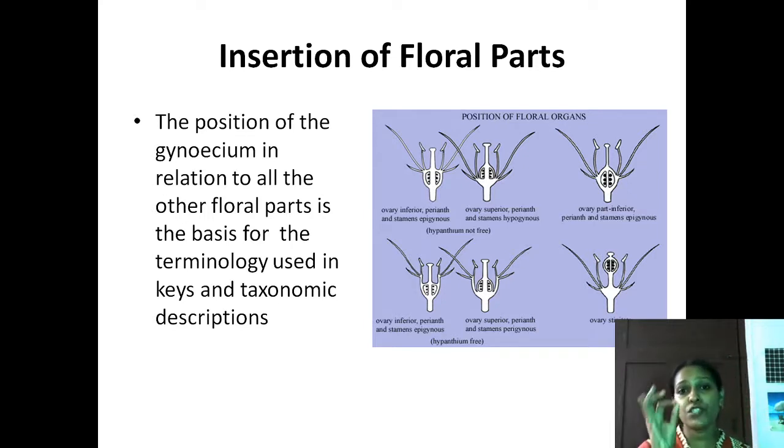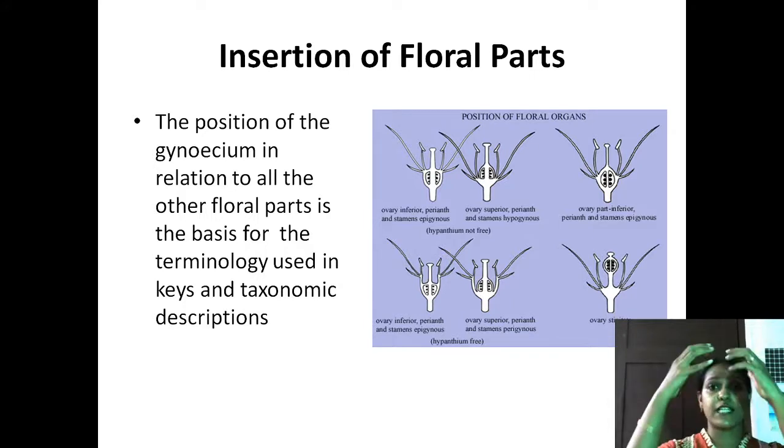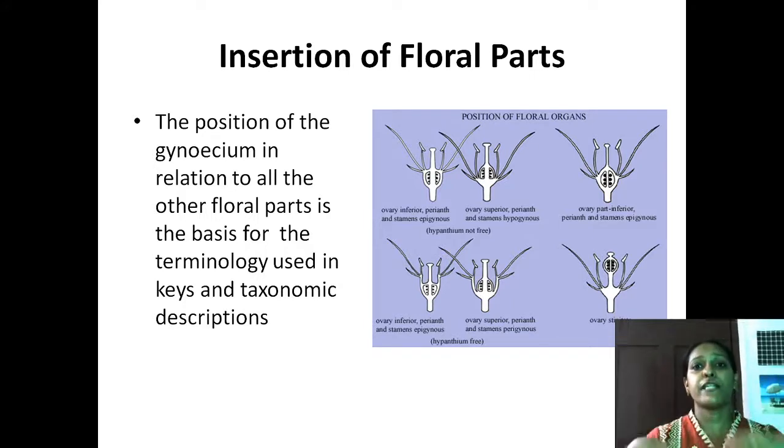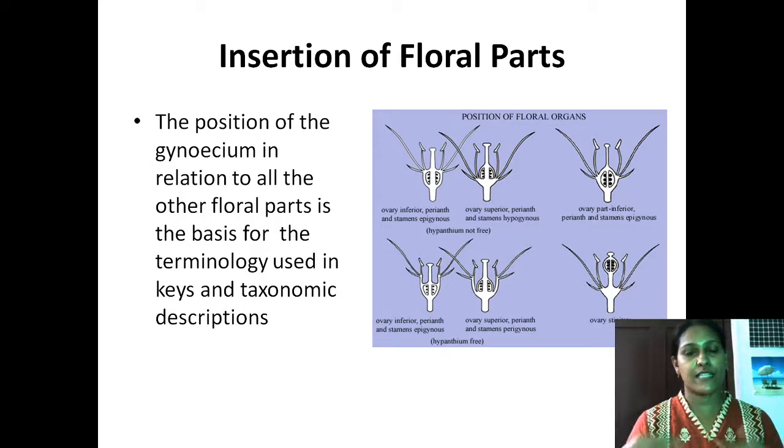The position of the gynoecium is very important to determine the structure of our flower. Sometimes the gynoecium is seen at the top and the other appendages come from the lower portion, a superior ovary, or hypogynous.